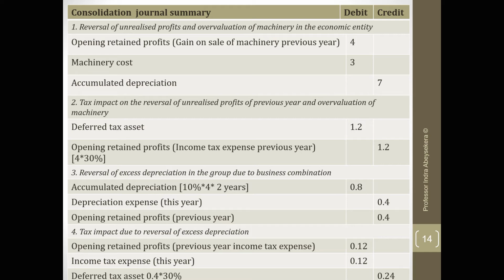So the carrying value is less compared to the tax base, and that 4 becomes a deductible difference. 4 into 30% is deferred tax asset, debit deferred tax asset 1.2, 4 into 30%, and credit for the income tax expense, as the transaction took place in the previous period, we credit opening retained profits 1.2.